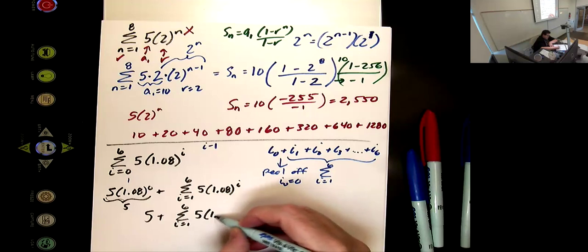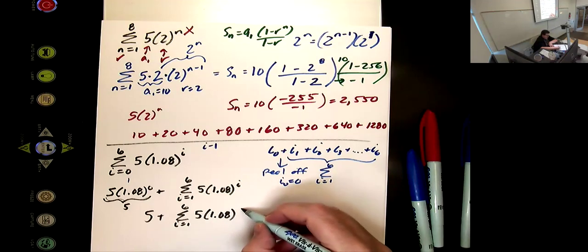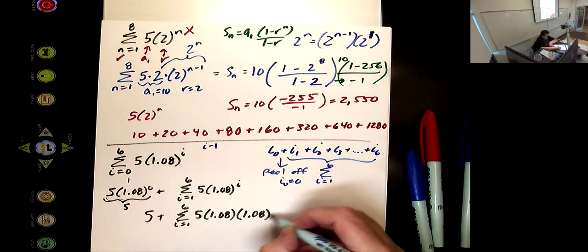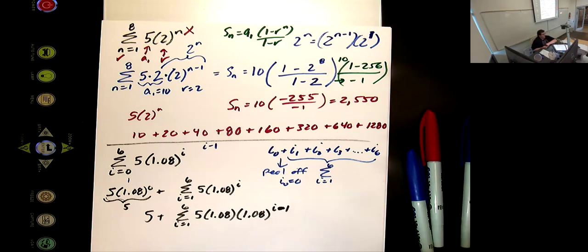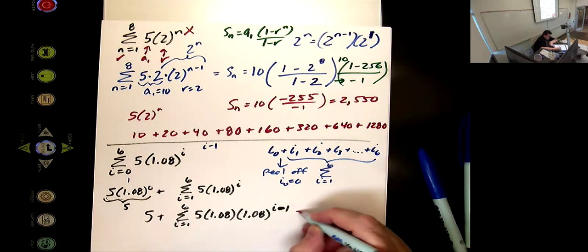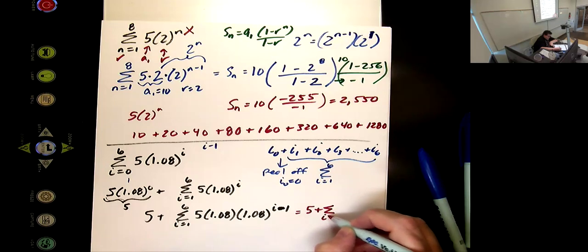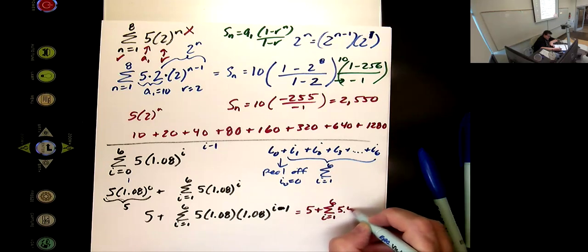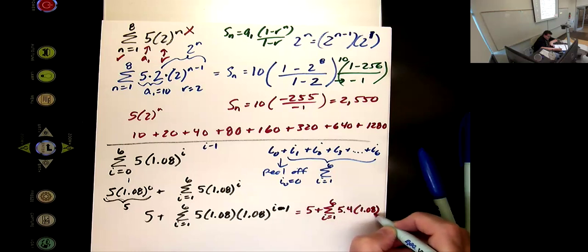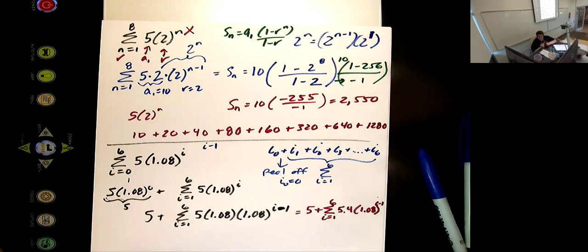So I'm going to write that as 5 times 1.08 times 1.08 to the i minus 1. And I think that 5 times 1.08 is 5.4. And now we're in the right form.